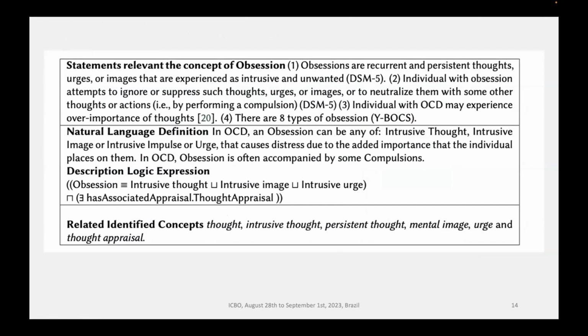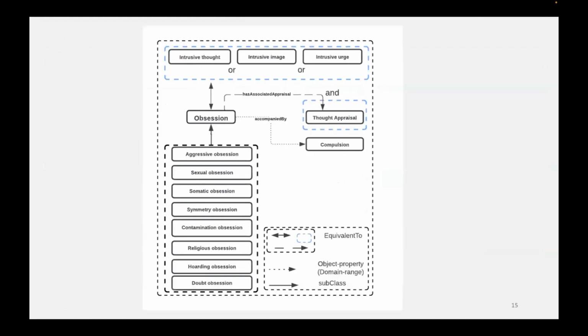Then we provide description logic. And here is the visual representation of the class obsession. So obsession is equivalent to intrusive thoughts or intrusive image or intrusive urge and has associated thought appraisal. And there is an object property accompanied by, where obsession is the domain for this relationship and compulsion is the range.